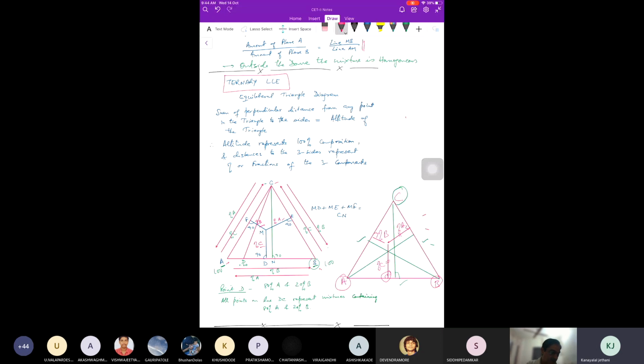Okay. So the sum of perpendicular distances from any point in a triangle to the sides is the altitude of the triangle. ये हमने ऐड किया, suppose I add this plus this plus this. This will be equal to this height, which is representing 100%. Altitude represents 100% composition, and distance to the three sides represent percentage or fractions of the three components. समझ में आए?